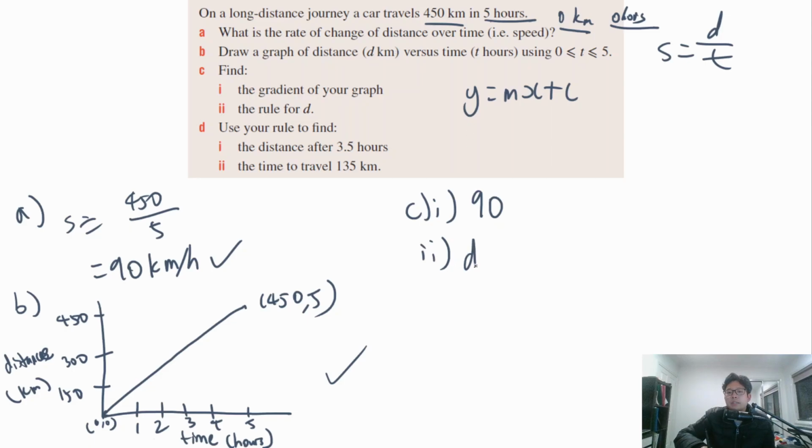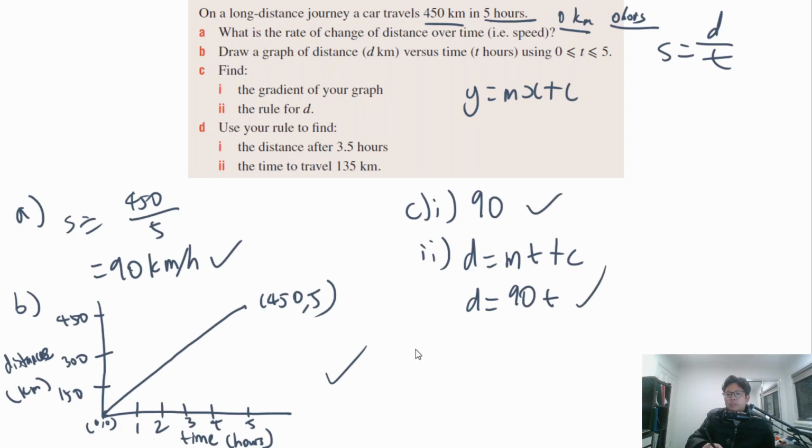So we have D equals mx, we use time in hours, and they use t, so we'll continue using t. So D equals, we know the gradient was 90, and the y-intercept, the c part, was 0, so we're just going to keep it as D equals 90t. Give yourself a tick if you got these two correct as well.